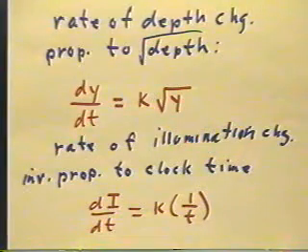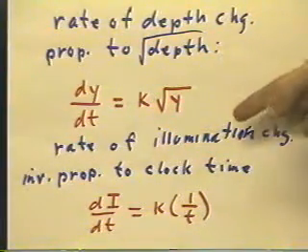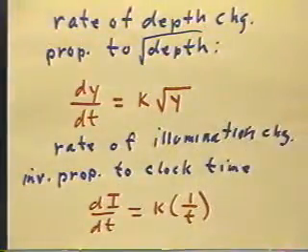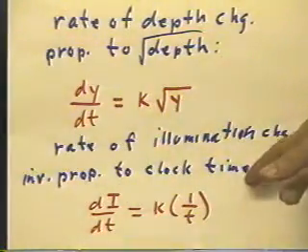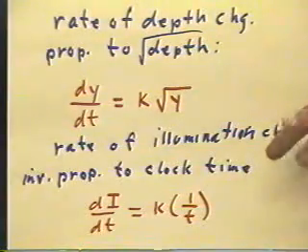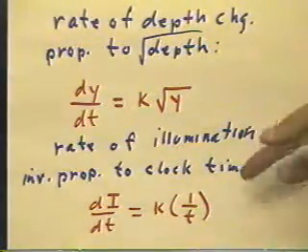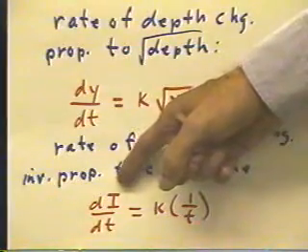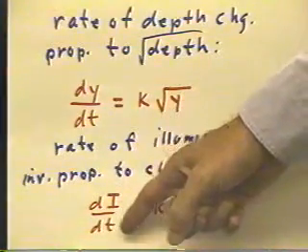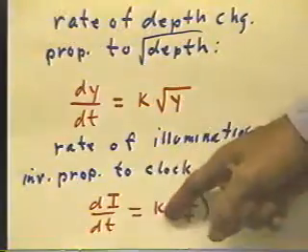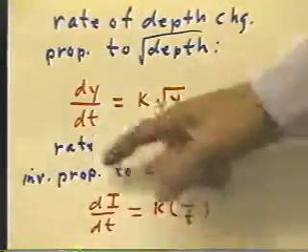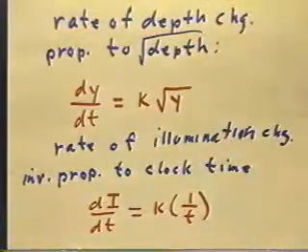It turns out if we're moving at a constant speed that the rate at which illumination changes is inversely proportional to the clock time, assuming that we started at the position of the source and so forth. We're not going to worry too much about those assumptions right now, but that means that the rate of change of illumination, again with respect to clock time, is K times the reciprocal, or the inverse, of the clock time. That's what it means to be inversely proportional.